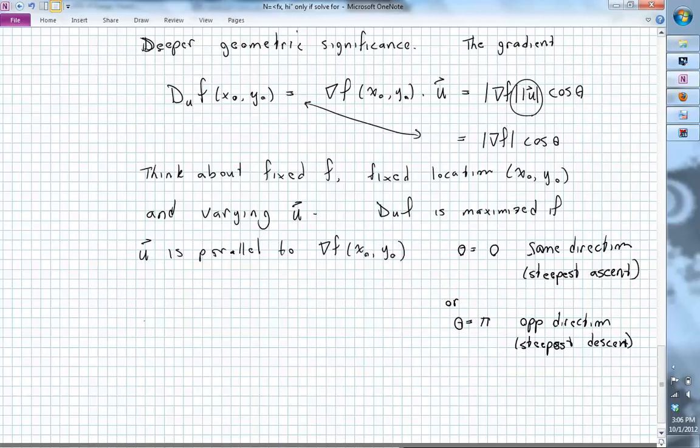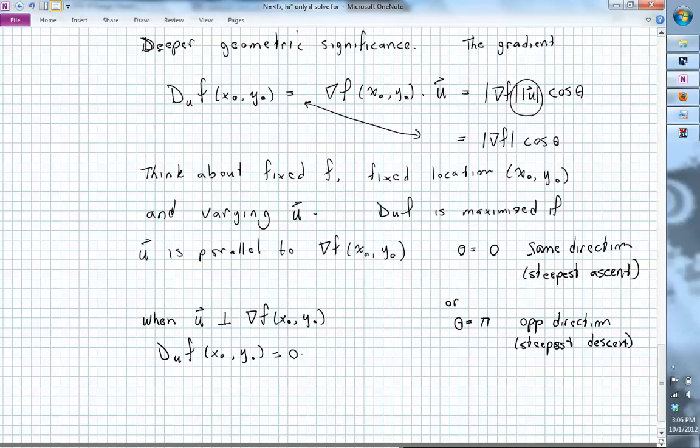Yeah, so when theta is pi over 2, what does that mean geometrically? So here I am, standing on the surface, I'm pointing in the direction of steepest ascent. Or I turn around and I'm pointing in the direction of steepest descent.